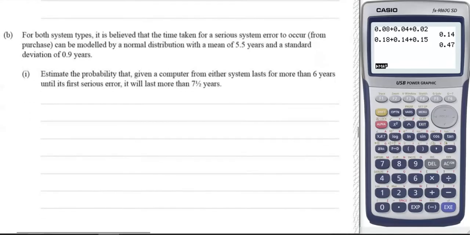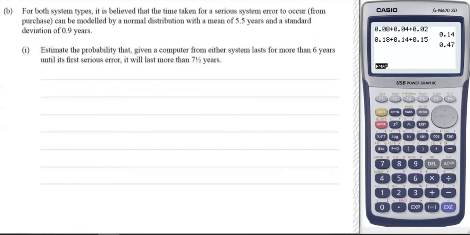Okay, for both system types, it's believed that the time taken for a serious system error to occur can be modeled by a normal distribution, and we've got the details for it. Estimate the probability that a given computer from either system lasts for more than 6 years until its first error. If it lasts for more than 6 years, then it will also last for more than 7.5 years. So normal distribution, mean 5.5, sigma 0.9.